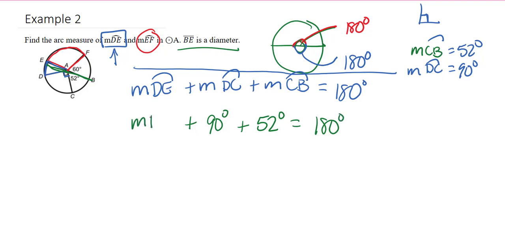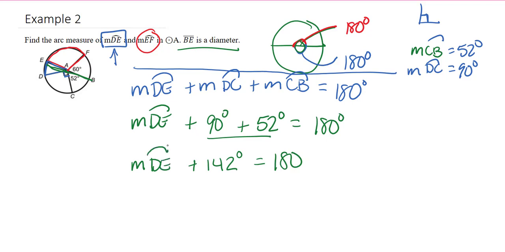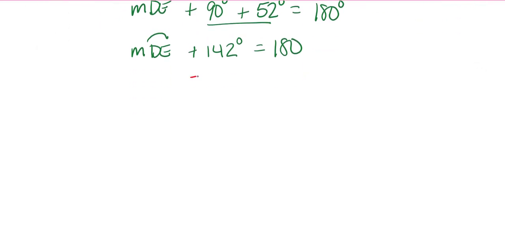And then we're left with our unknown, and we just need to solve. So the first step is we're going to add these two together. So that is going to be 142 degrees. Then we have 180 on the right-hand side of the equal sign. And then to find our unknown, we just need to get rid of the number on the left. So how we do that, we're going to subtract the 142 on both sides.